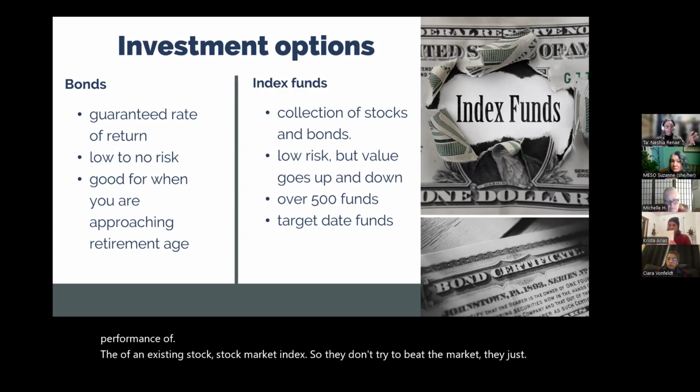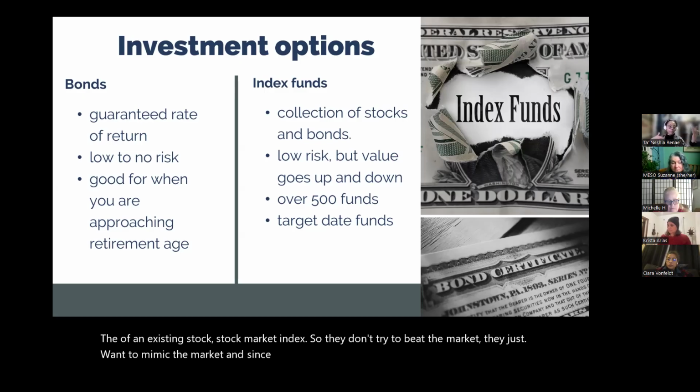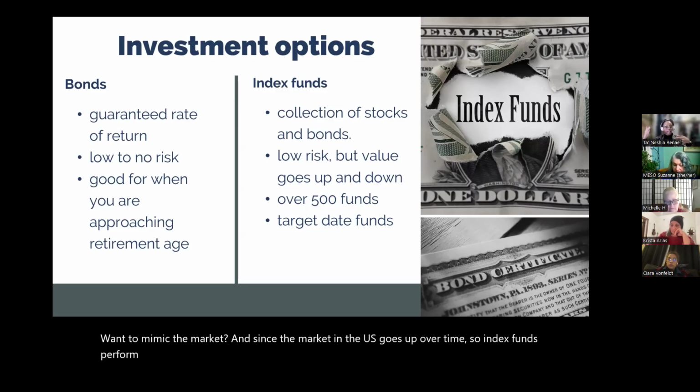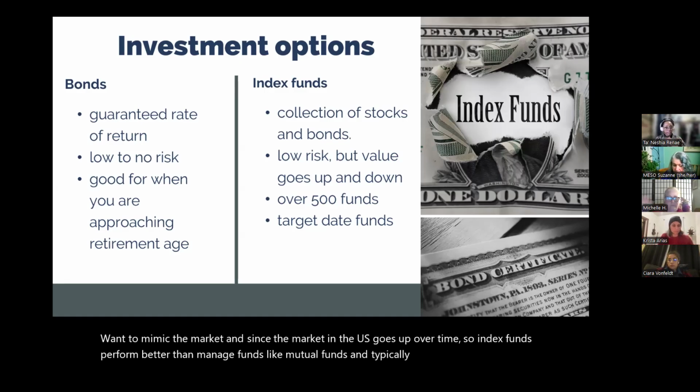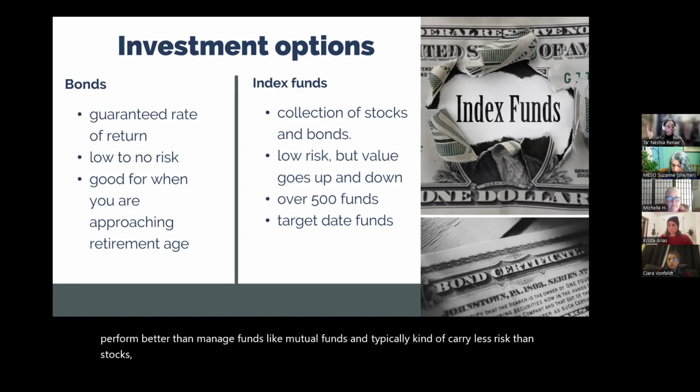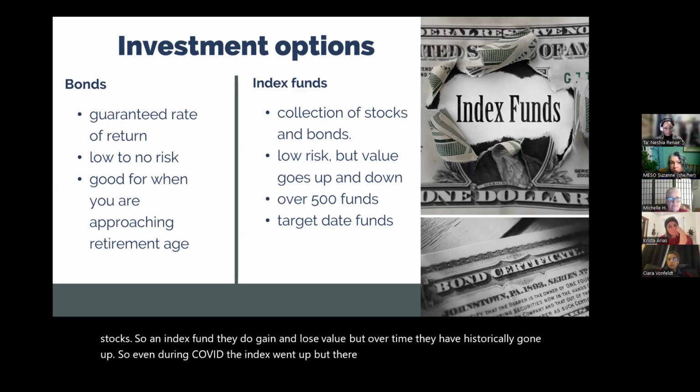And since the market in the US goes up over time, index funds perform better than managed funds like mutual funds, and typically carry less risk than stocks. So index funds do gain and lose value, but over time they have historically gone up. Even during COVID, the index went up. But there are over 500 different funds, so how do you know which to choose?